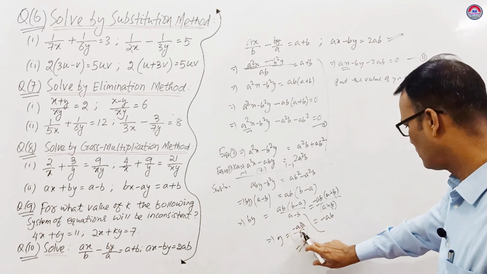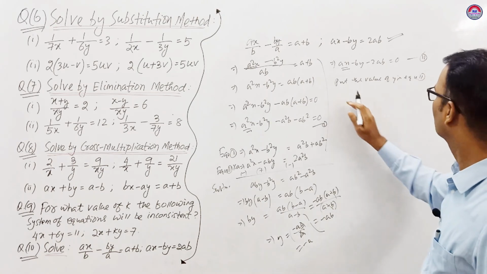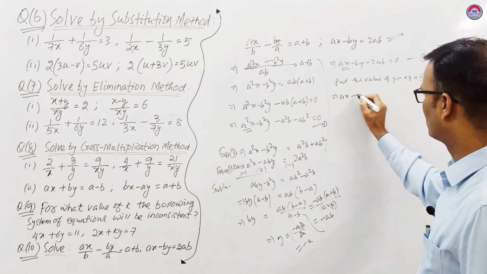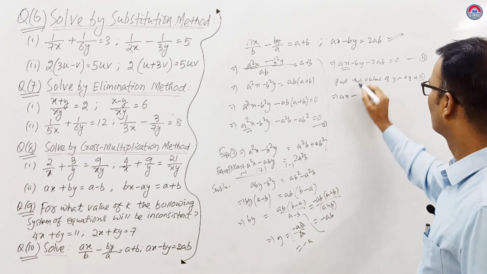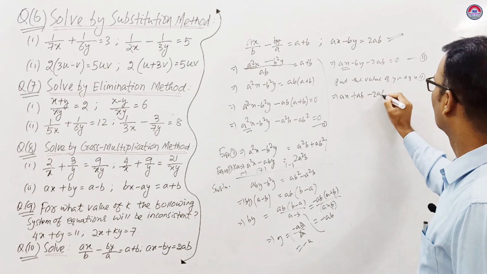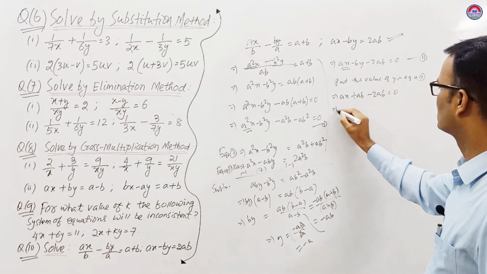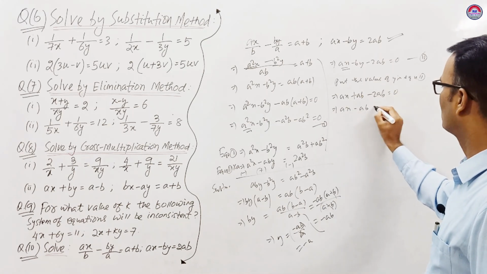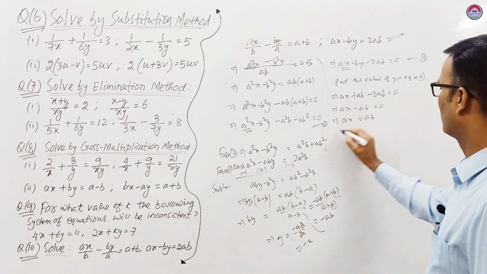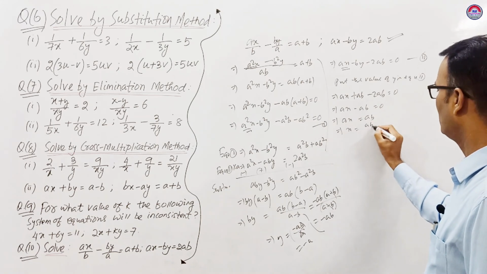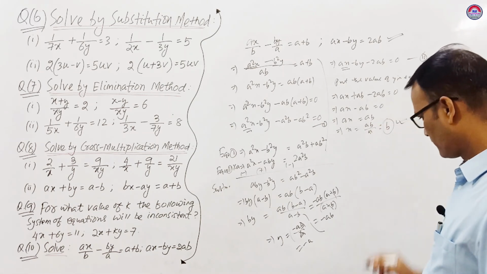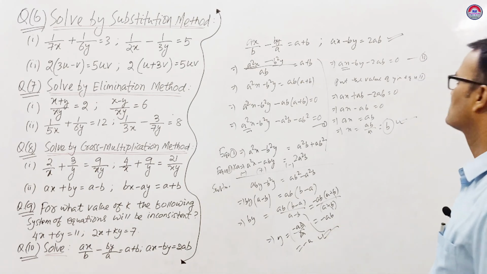So putting the value of y in equation 2: ax plus ab minus 2ab equal to 0. That implies ax minus ab equal to 0, so ax equals ab, that implies x equals ab by a, which is b. The value of x is b and the value of y is minus a.